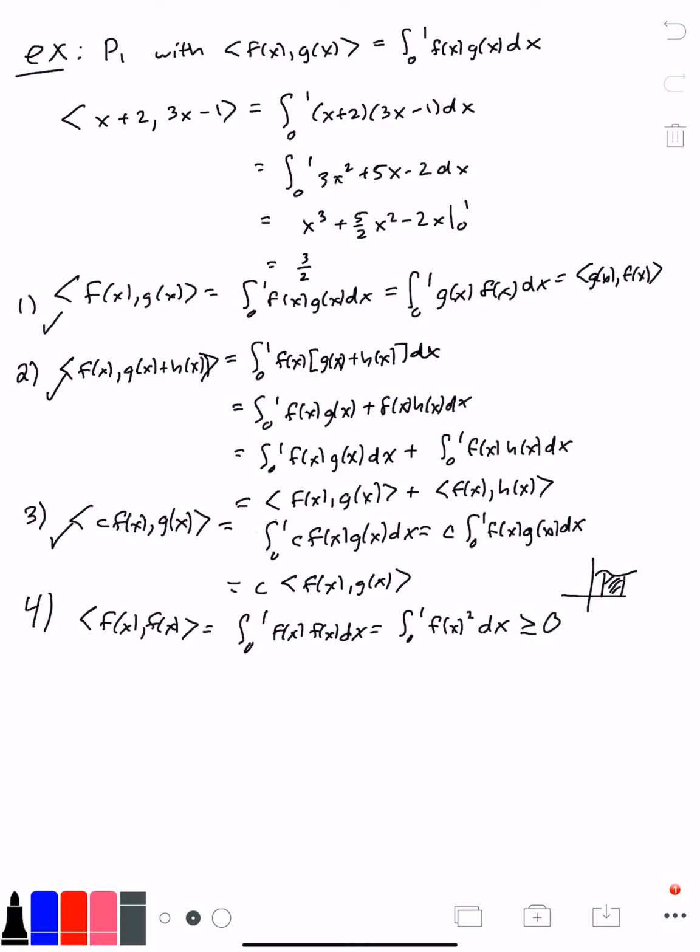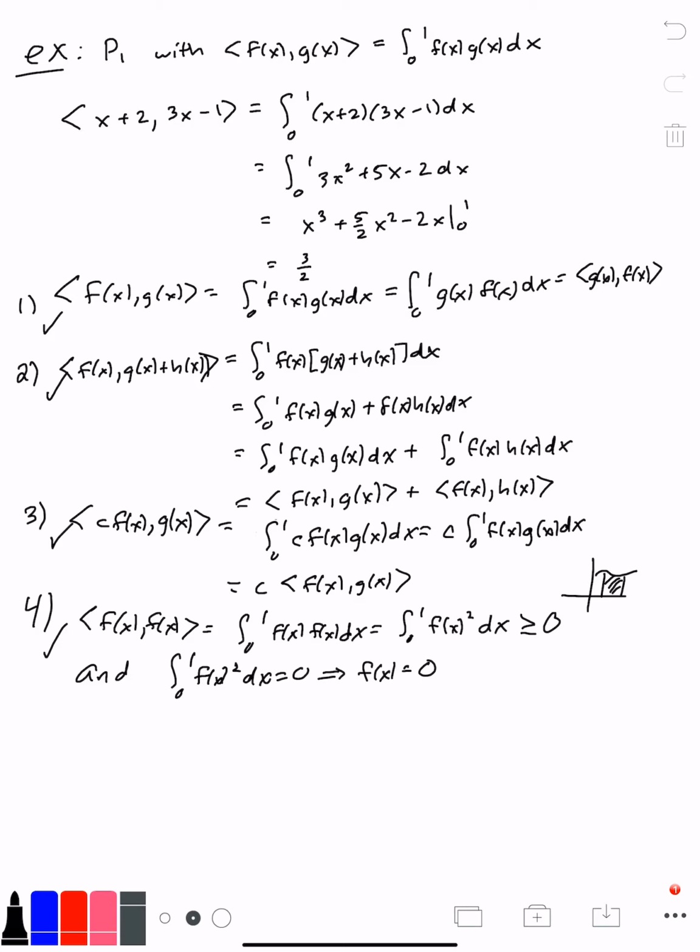And so since if you square a number it's positive, and the integral of something positive is positive, we're good there. And the only time that this integral is going to equal 0 is if the function itself is always 0. So that means condition 4 is satisfied, and we have this example.